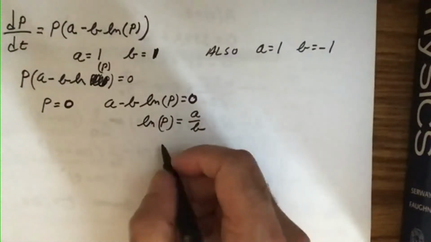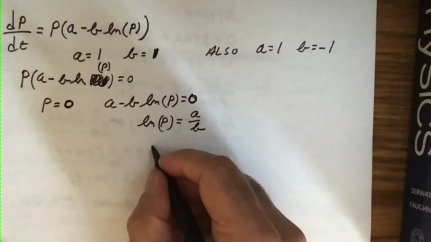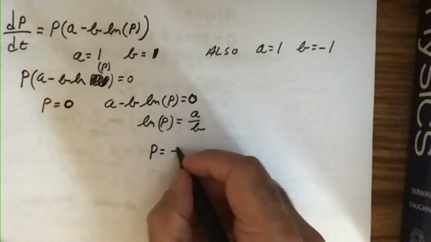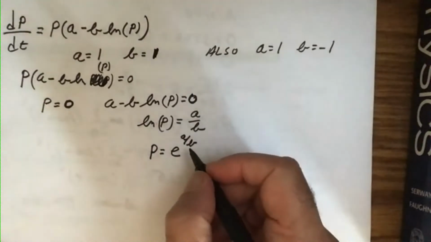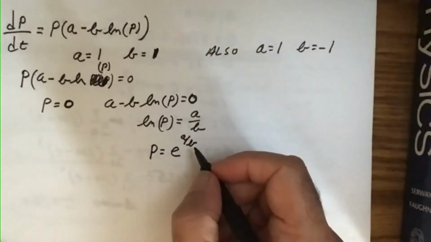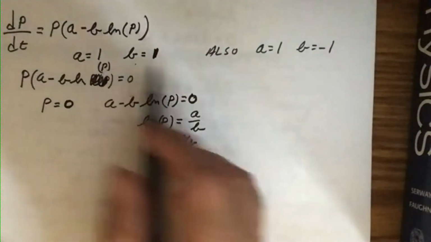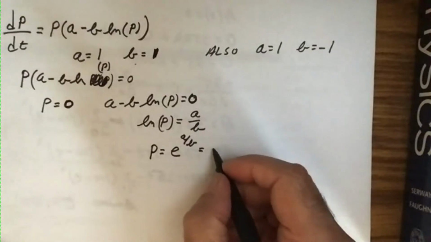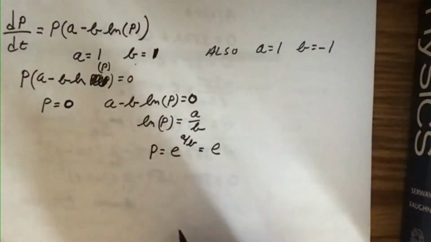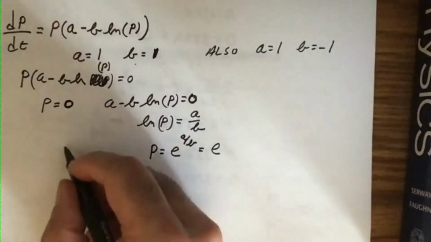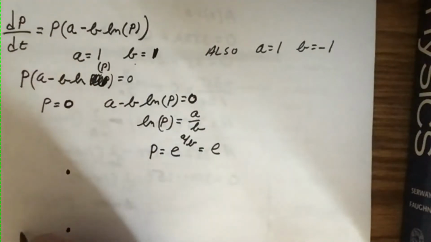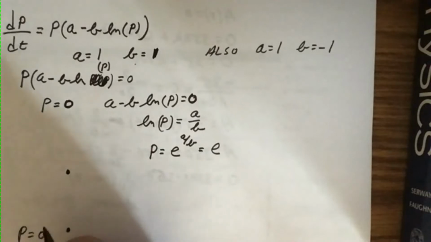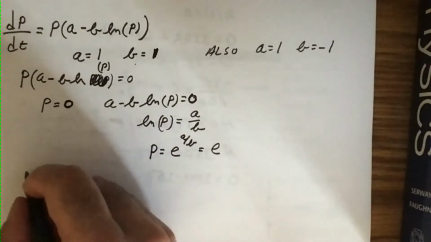So now if I take the exponential of both sides, I get P is equal to e to the A divided by B. But in this part of the problem, we want A to be equal to B. So this is just e. All right. So I have a critical point at e and I have a critical point at 0.